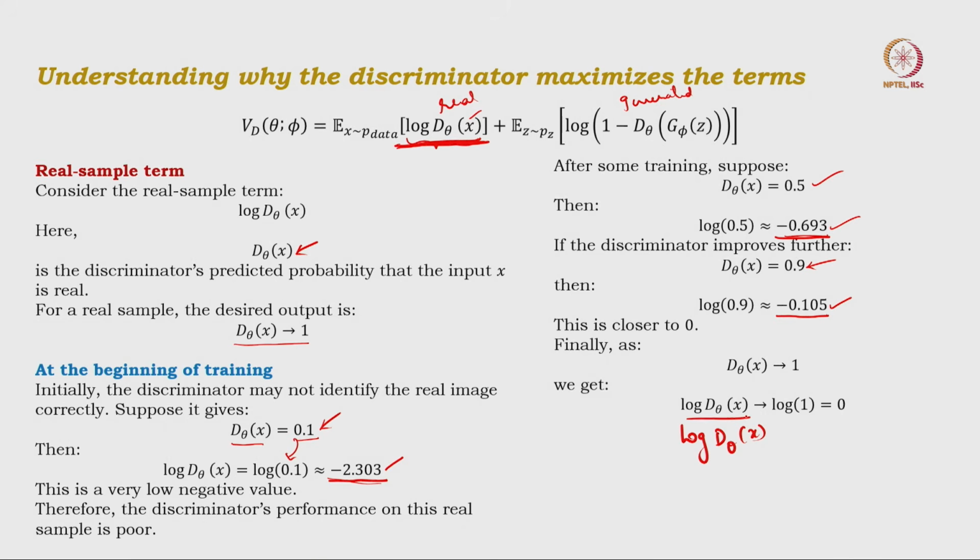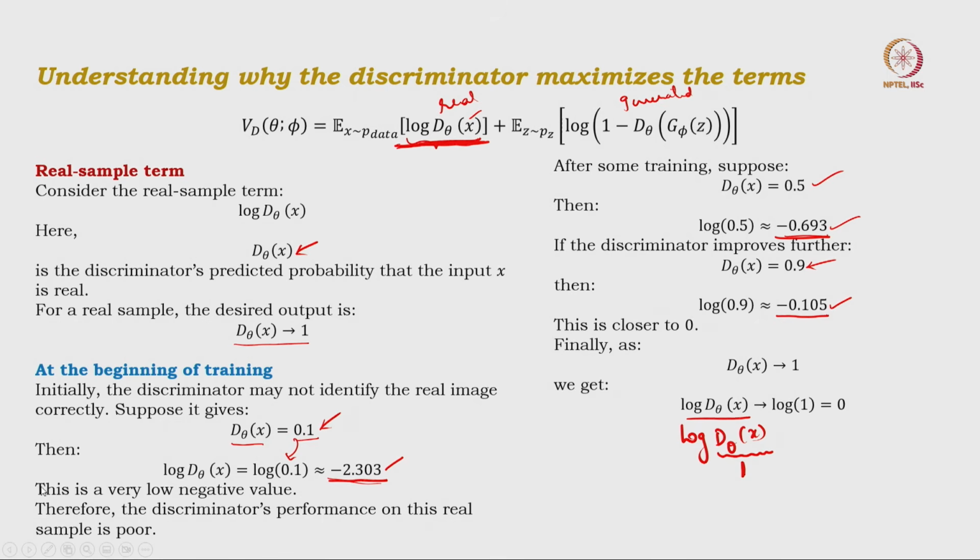Now what should you substitute here so that we get the maximum value? Here it is the probability, right? Probability at the most can give a value between 0 and 1. So if this entire term is equivalent to 1, then log 1 is 0, right?